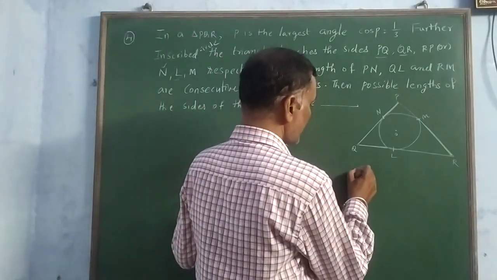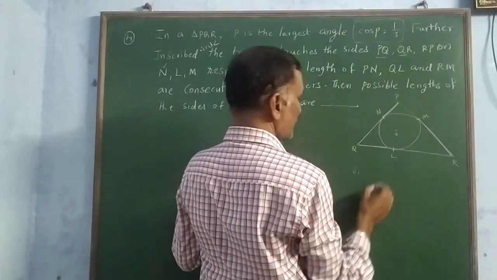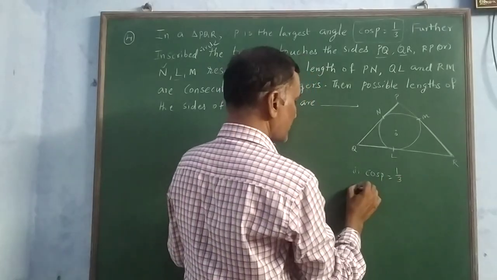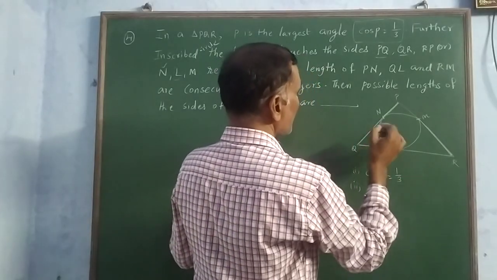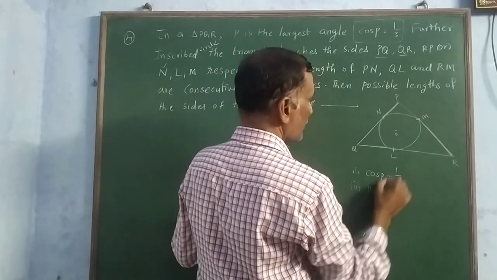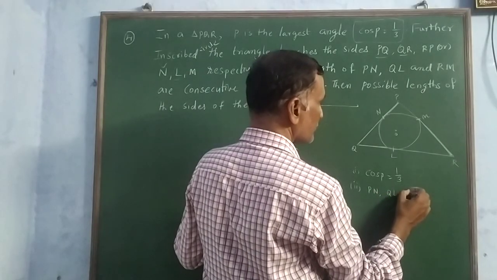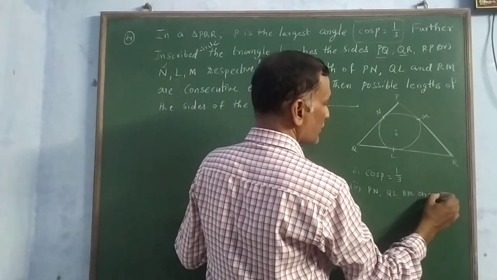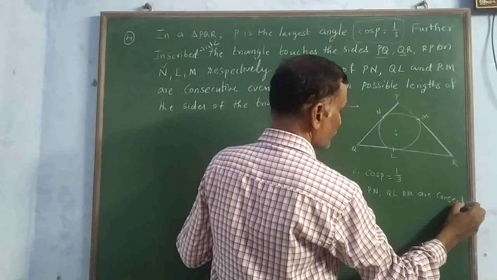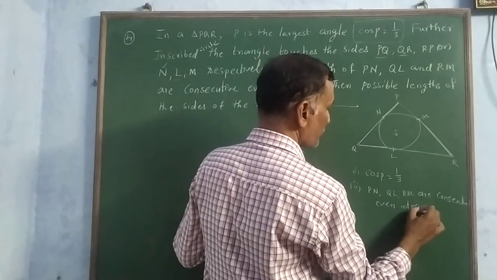Even integers means we can write here. First of all, the first condition which is given is cos P equals 1 by 3. Second statement which is given: PN, QL, RM are consecutive even integers. This statement is important.